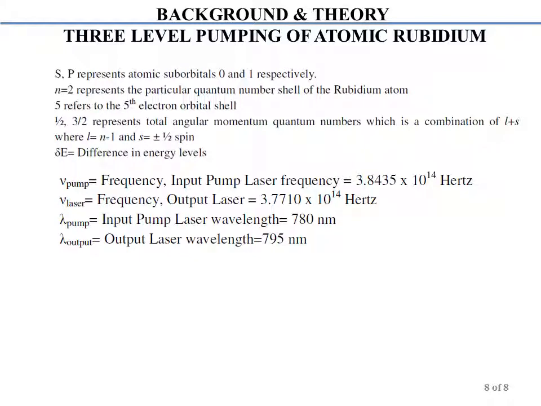Delta E represents the difference in energy levels. The pump input laser frequency is 3.84 times 10 to the 14 hertz. That for the laser output is 3.771 times 10 to the 14 hertz, which translates to an input pump laser wavelength of 780 nanometer and an output laser wavelength of 795 nanometer.